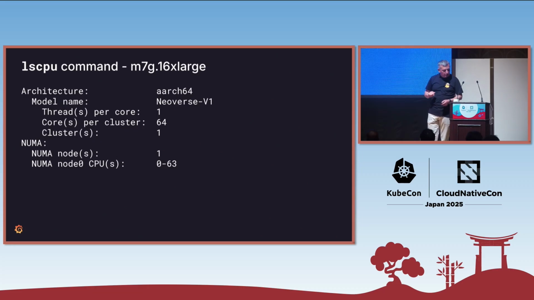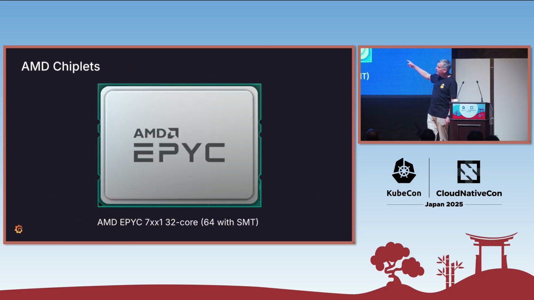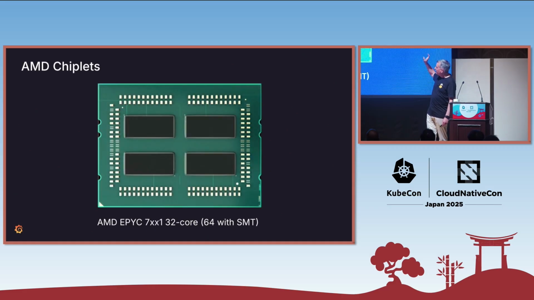OK. How are we doing? Good. So there's a picture of the chip. This is the one we had the incident with. What's interesting is that inside, it's actually made up of little chips, chiplets. This is what leads those chips to have a particularly big NUMA problem, that each one of those things has 8 cores on it.